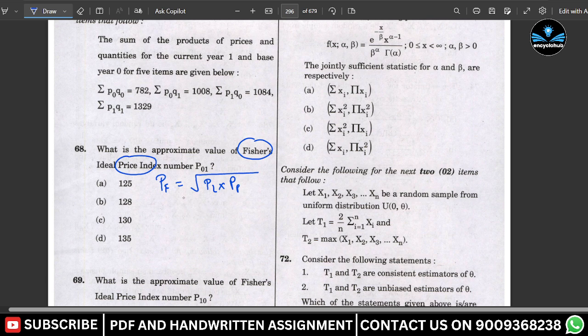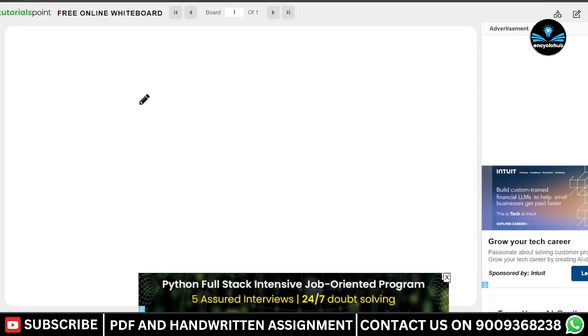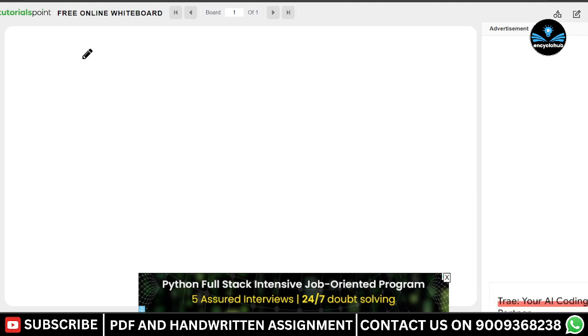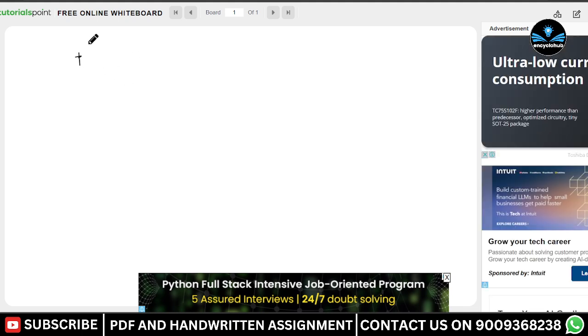So we need to find the values of Laspeyres and Paasche. First we will find the Laspeyres, and then we will find the Paasche.